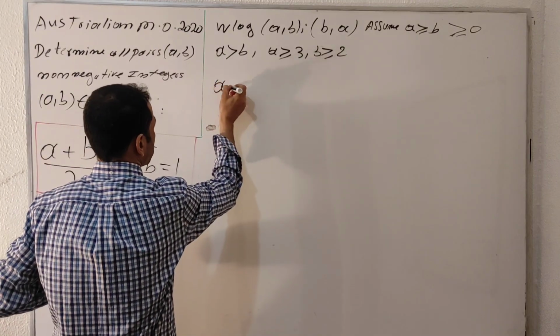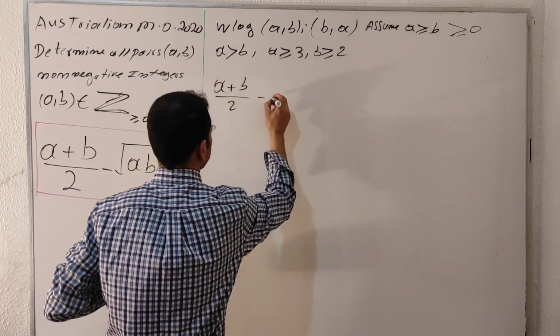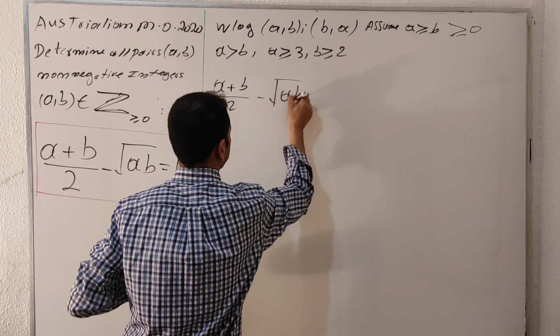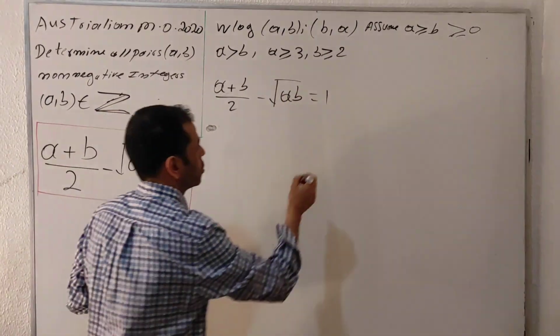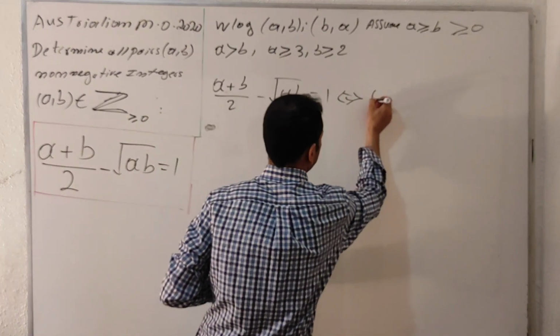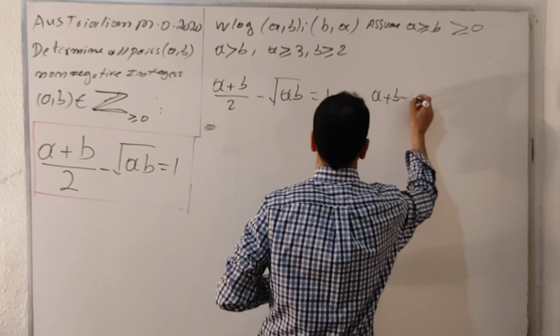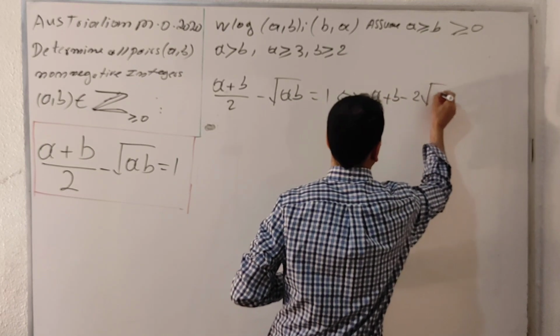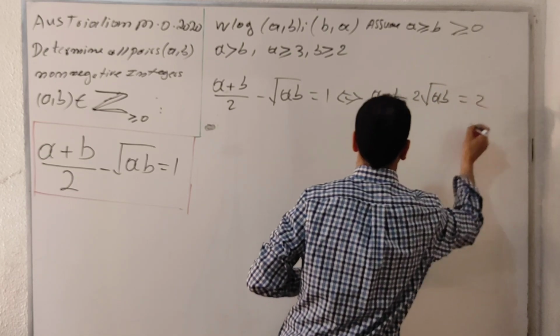So I have this expression, (A plus B) over 2 minus the square root of A multiplied by B equals 1. I'm going to simplify this expression by multiplying both sides by 2. I will get A plus B minus 2 square root of AB equals 2, okay?